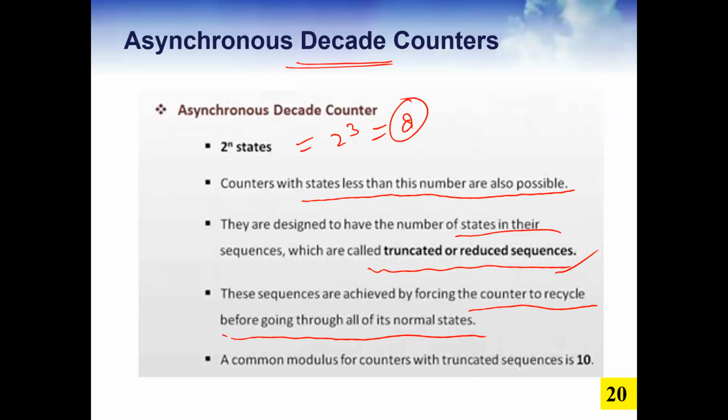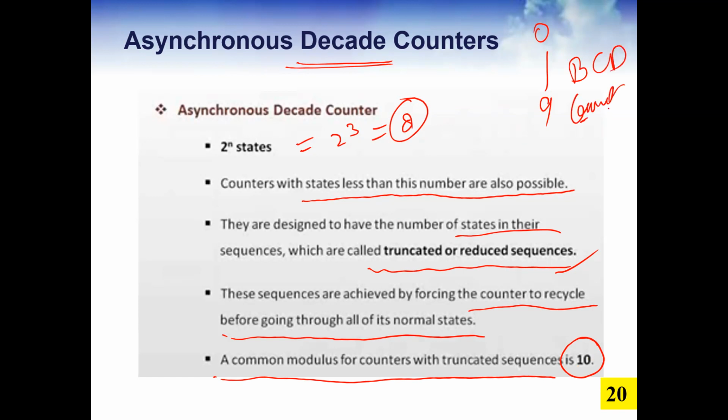We need to make it recycle before that. A common modulus for a counter with a truncated sequence is mod 10, or the 10-state counter. You know that 10 states means 0 to 9, which is basically the BCD counter. We are talking about the BCD counter.